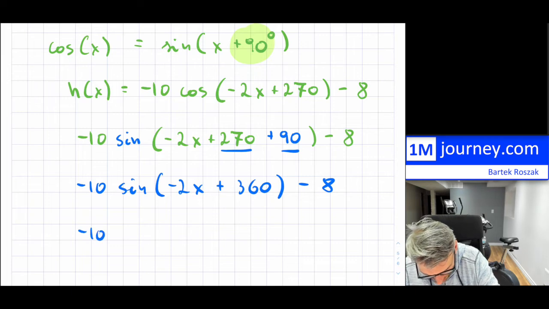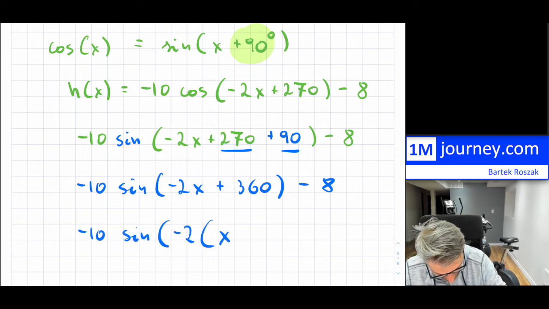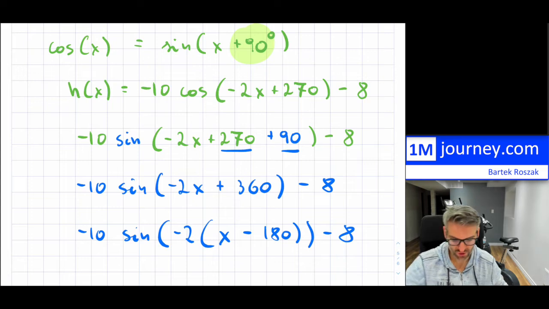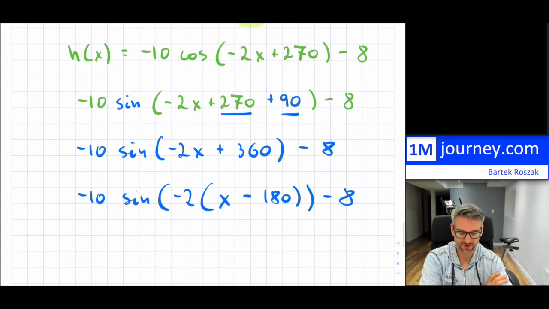If you want to be really keen, you can set it up so that it looks exactly like the transformations, minus 180. So that's how it would look in this case, and that's all you have.